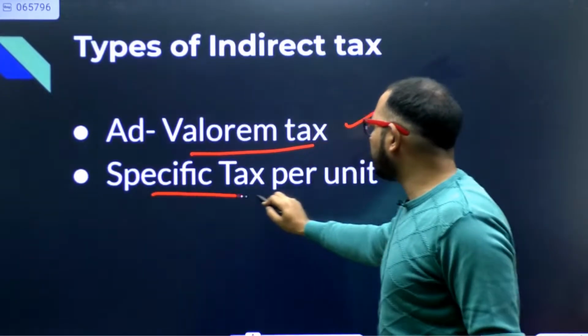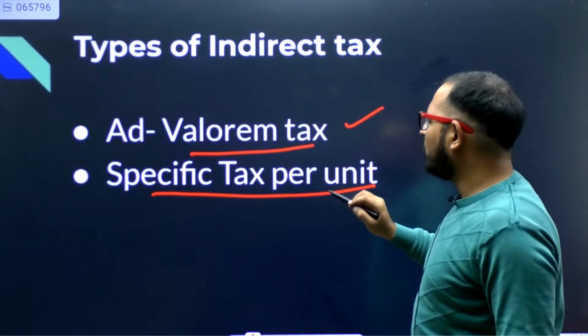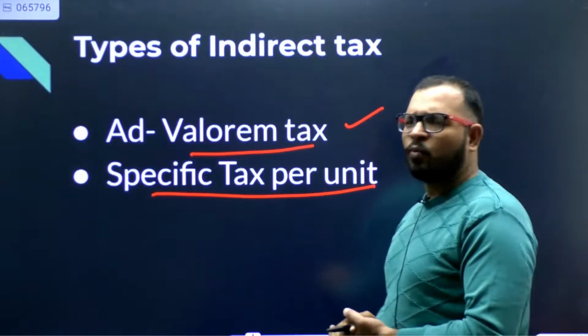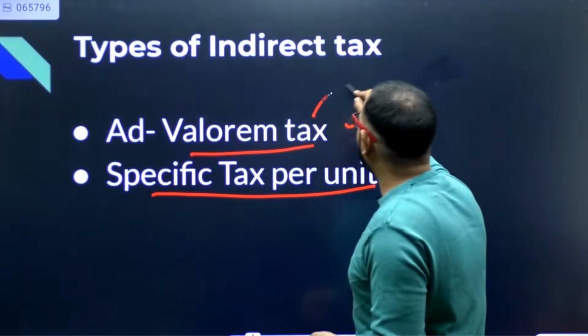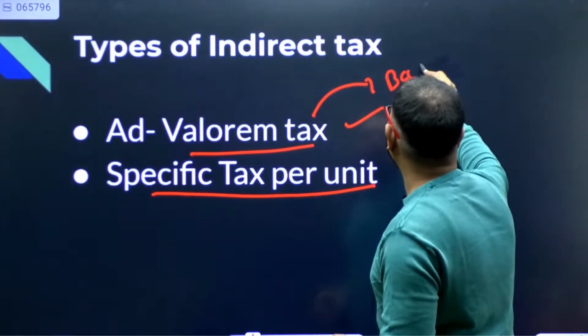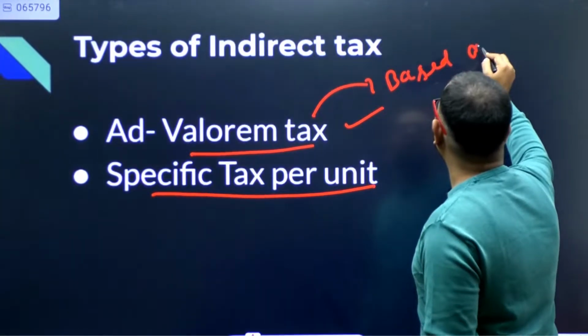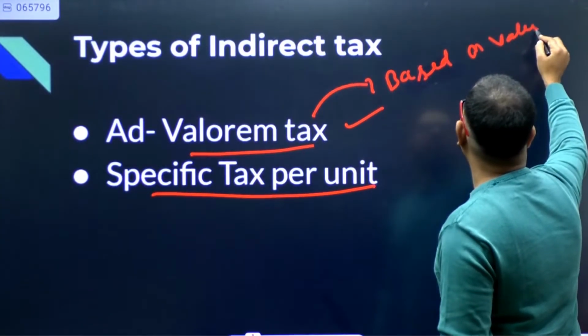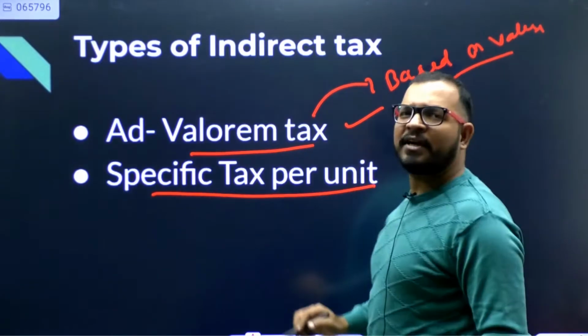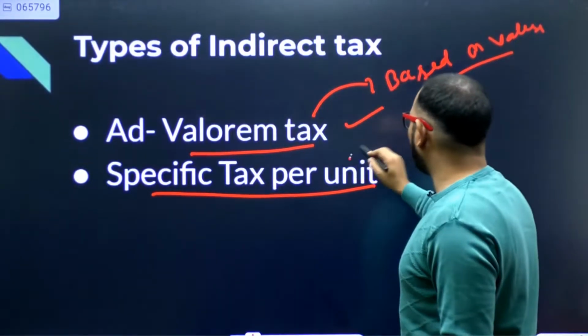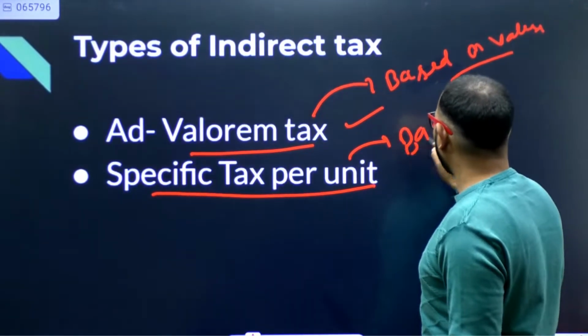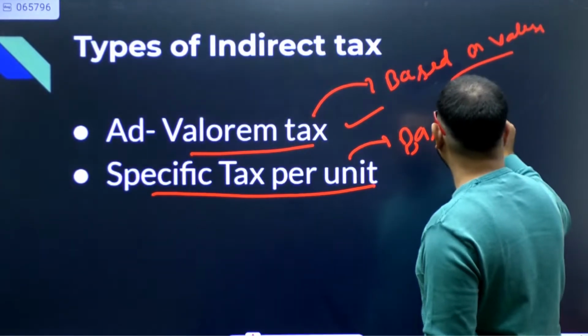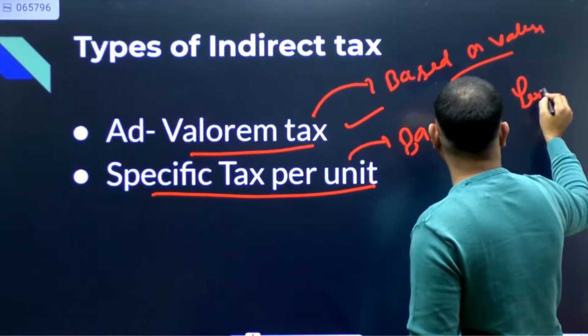Next is specific tax, or per unit tax. What is ad valorem? Basically based on the value. Specific tax per unit is based on per unit.